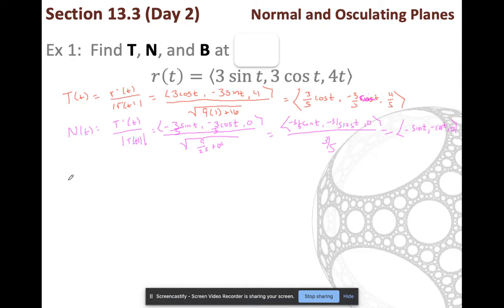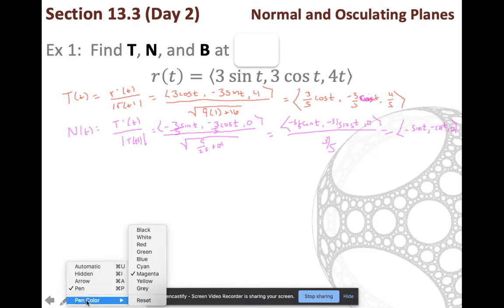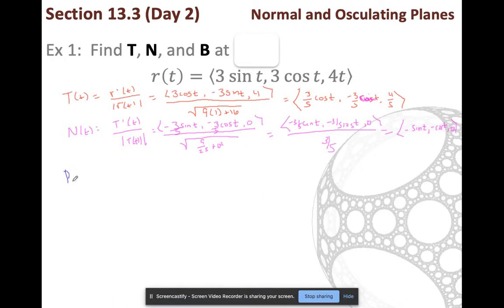Now, what is the binormal? Remember, cross product is not commutative. It is the tangent crossed with the normal. So just be careful with your math here.